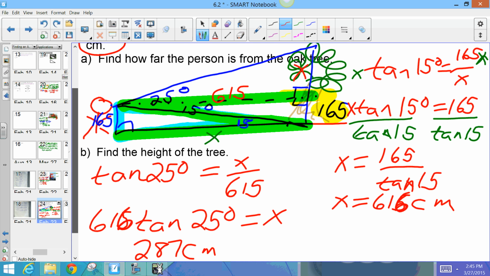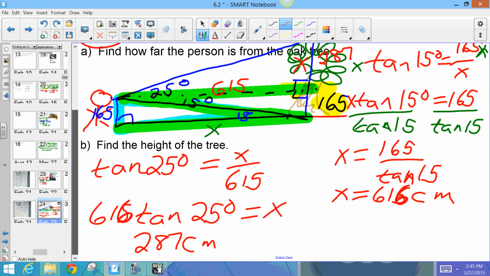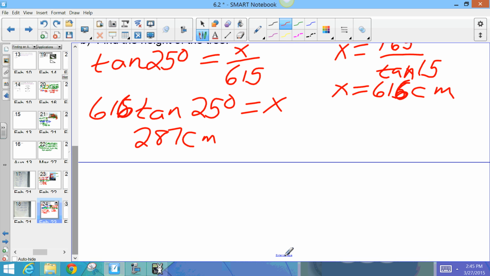What was 287 centimeters? Well, this x is. To get the height of the tree, I have to add the distance of her eyes from the ground and that other number I just calculated.